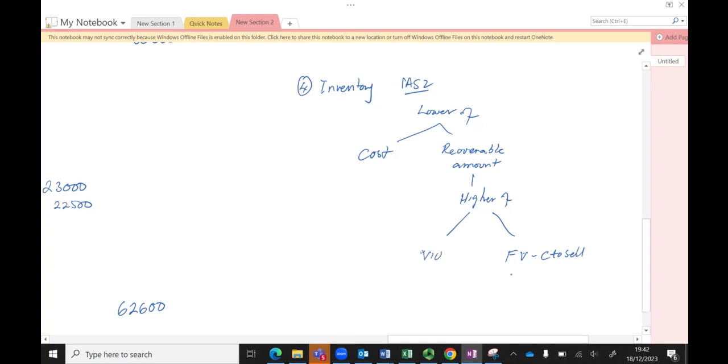So this fair value is 18 minus 1 cost to sell, because if I want to sell it for £18 I need to incur £1 as an expense. So that is 17, and that is 20.